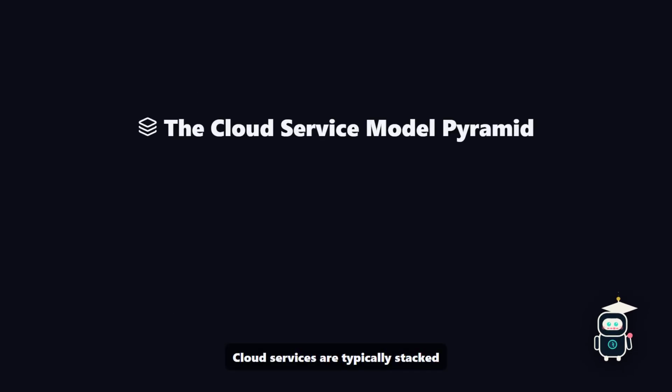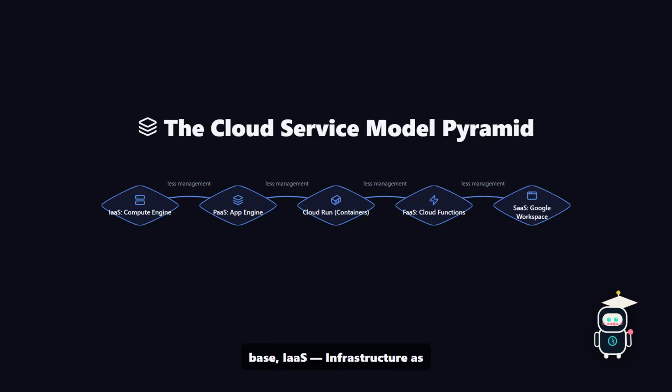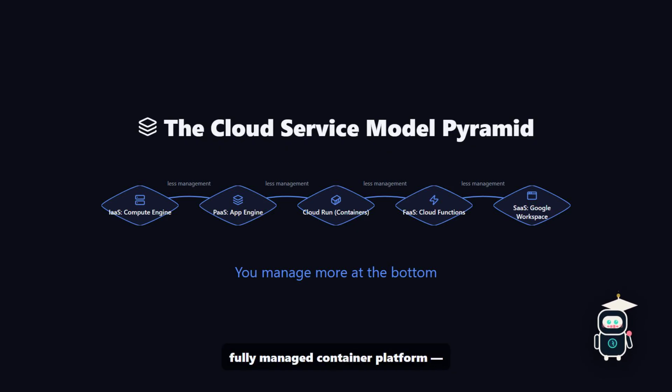Cloud services are typically stacked into a pyramid. At the base, IaaS, infrastructure as a service, gives you raw virtual machines like Compute Engine. You manage the OS and runtime, Google manages the hardware. Move up to PaaS, Platform as a Service. App Engine lets you deploy code and forget about servers. Next, Cloud Run, Google's fully managed container platform.